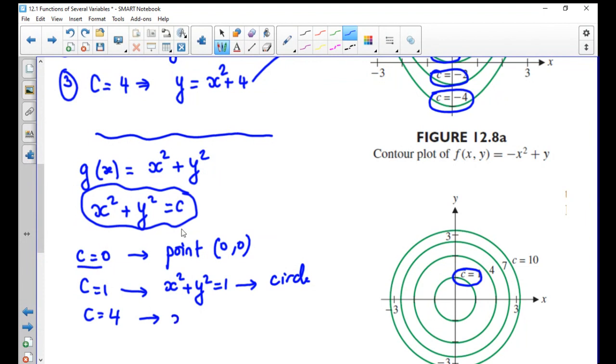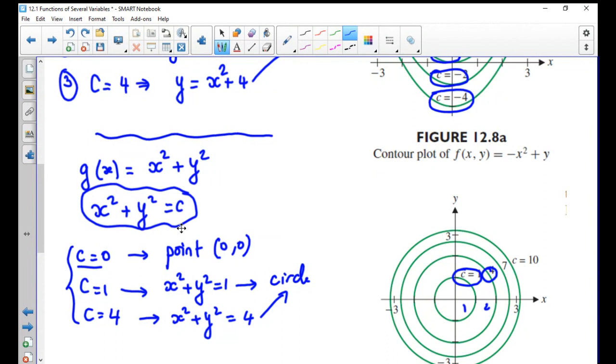Whatever value you want to choose will give you a level curve. So this is also a circle, but the radius, of course, now is 2. Yeah. So you will get radius 2 here. So 1, 2, and so on. So you can find as many.